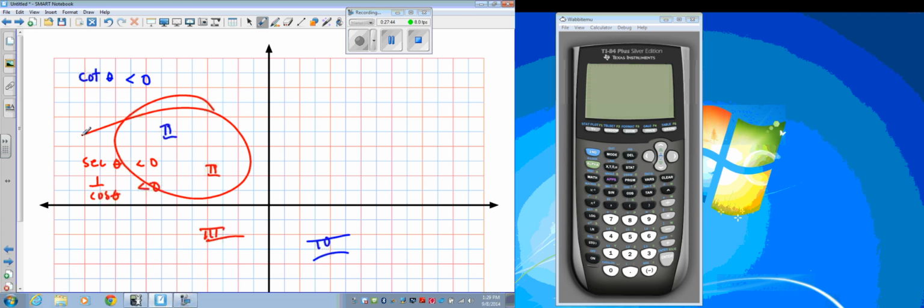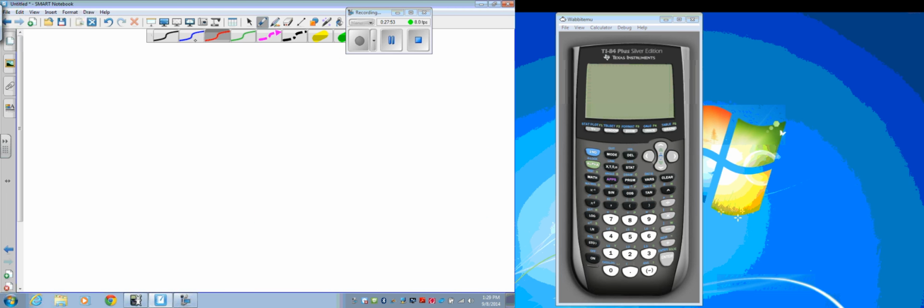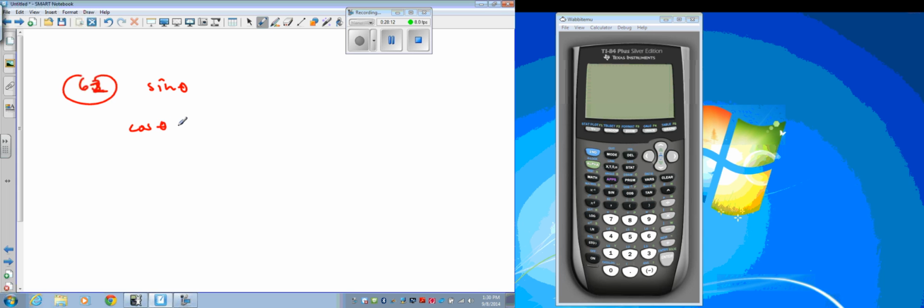Okay, the next group says use identities to solve each of the following. So let's look at 62 and 63. 63 is something that probably has an answer in the back. Sine theta, and you're given cosine theta equals 4/5.